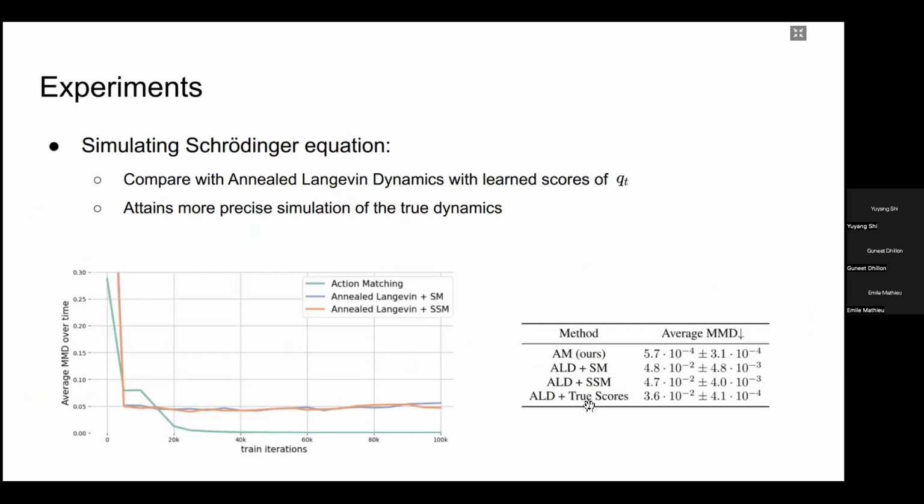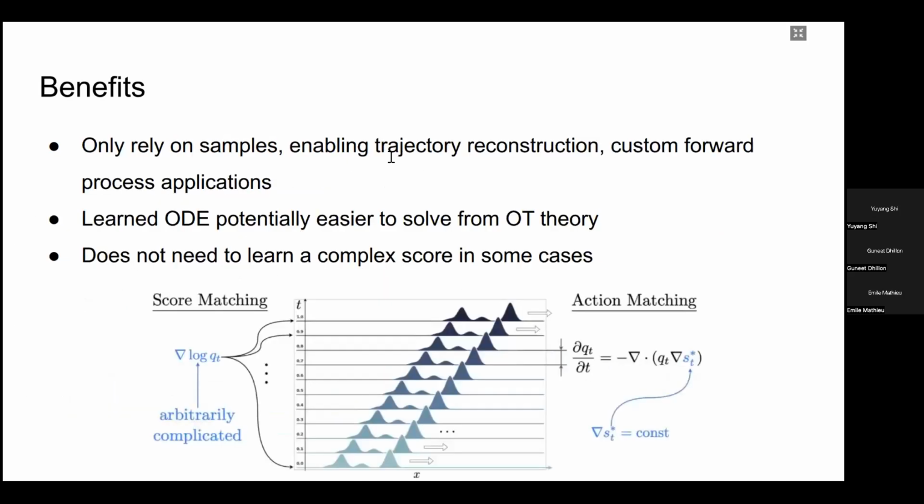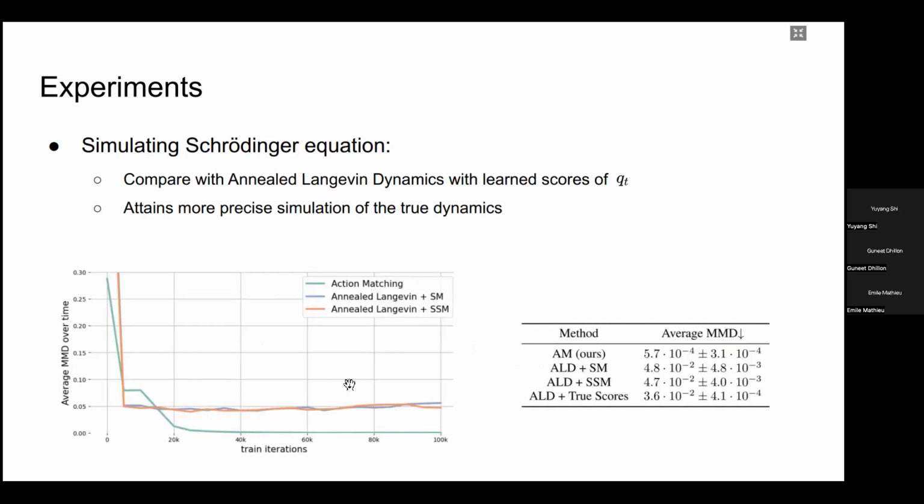Another application is that they want to simulate some dynamics, like this one, and they compare their approach with score matching.